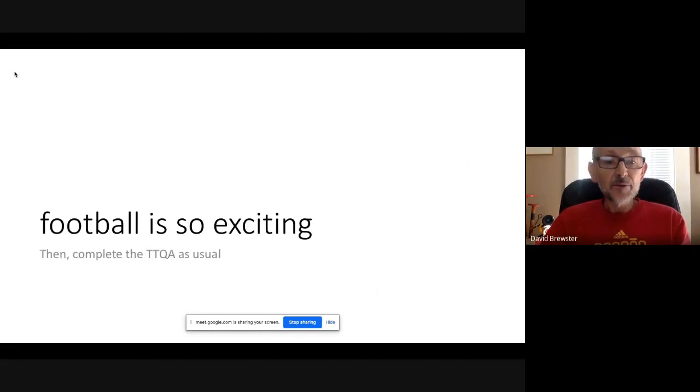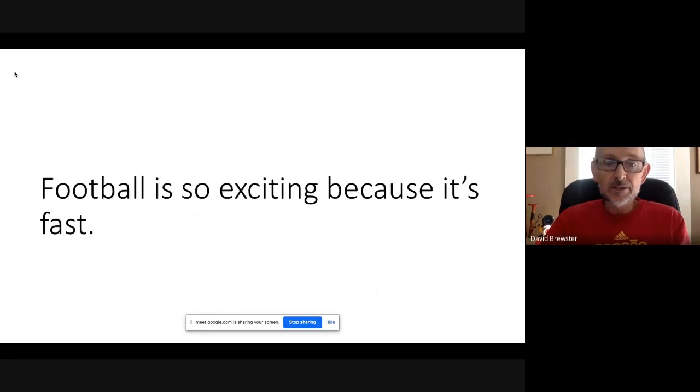So I have, football is so exciting, but now I need to add in my answer. But why is it so exciting? Football is so exciting because it's fast. Now you might disagree. You might hate football. You might not think it's exciting. You might think it's exciting for some different reason. But you see the point here. This is how we take our question, turn it around to come up with an answer written as a full sentence.